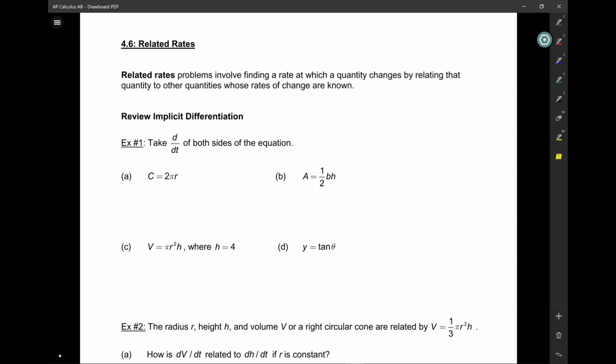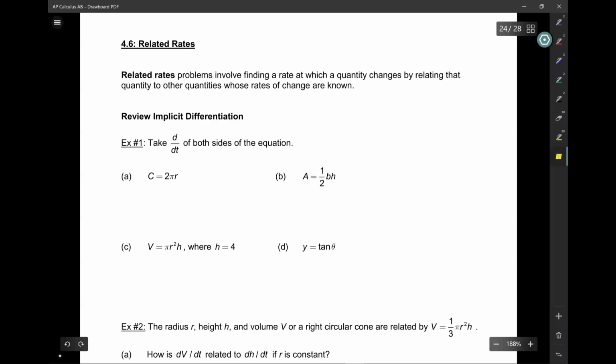For example, as the radius of something is increasing, so is the area, right? And so what you have to do is find the rate at which something is changing by relating it, hence the related part, to a quantity which is also changing. Okay?